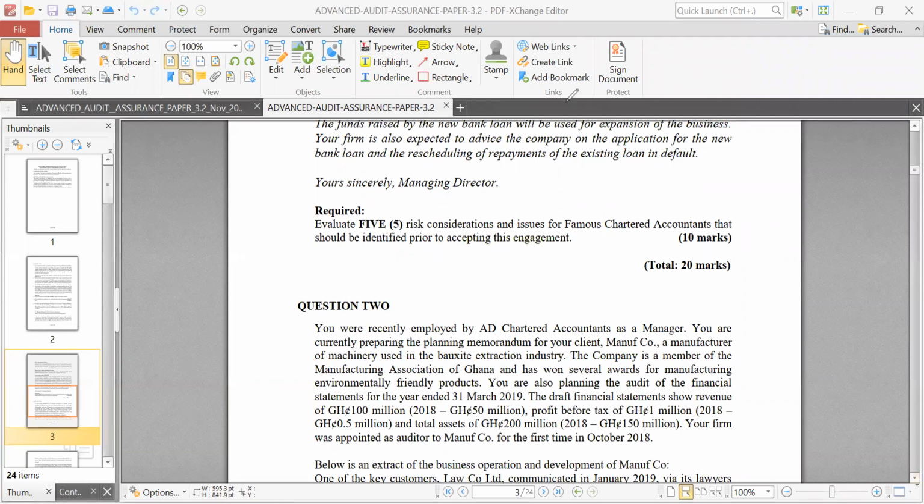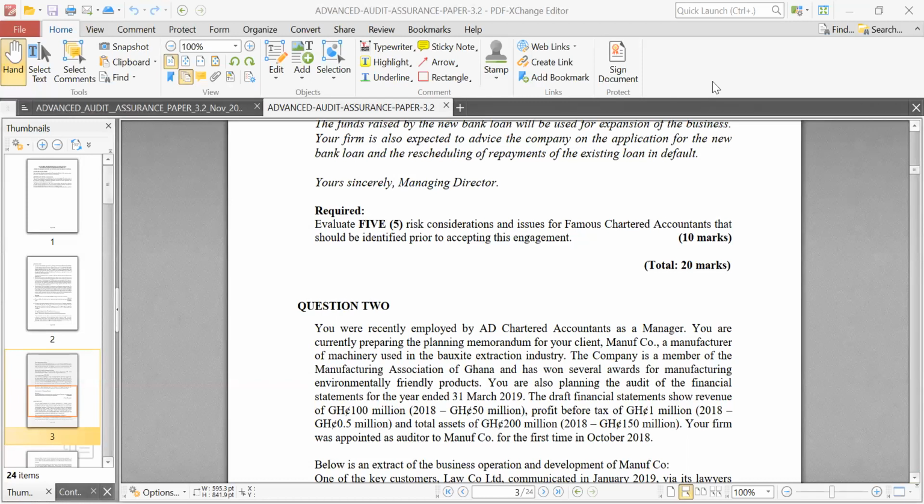So what are some of the risk considerations that need to be made here? So can we look at the fact that they have defaulted in paying their existing loans, which may signal some difficulty in payment or a cash trap.